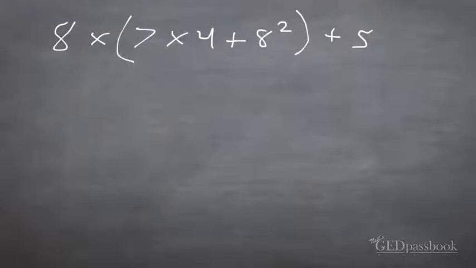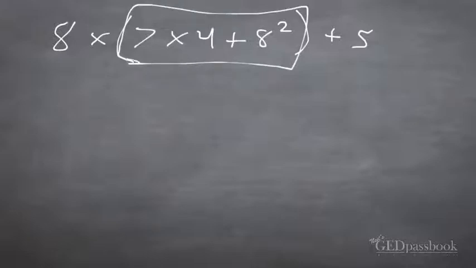Tell me, what must I do first? Parentheses, or in other places, brackets, right? So we have to do all of this. So we go inside there, and what do we do inside?